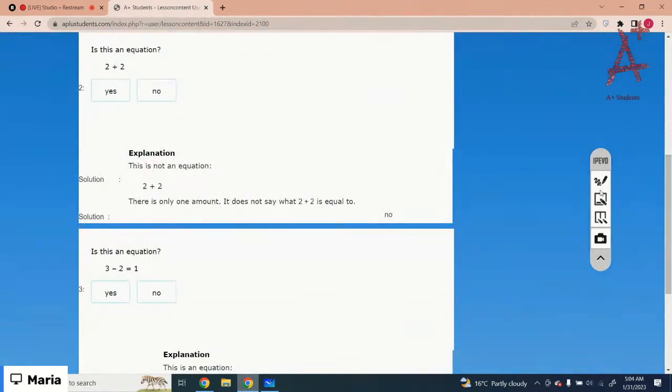Okay, the next one is 3 take away 2 equals 1. Is this an equation? Yes, it is, because 3 take away 2 equals 1. You have an equality sign and you have the mathematical expressions on both sides. So yes, this is an equation. Got it? Okay, let's just start with the test questions.